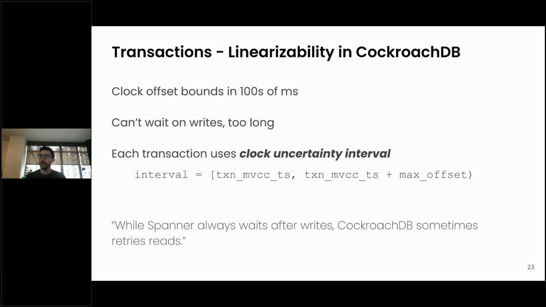It does so using what it calls a clock uncertainty interval. When a transaction begins, it picks both its commit or transaction timestamp, and also establishes what it views as this uncertainty interval. This is an interval between its transaction timestamp and its transaction timestamp plus the maximum clock offset that the system believes any other node in the system could have.